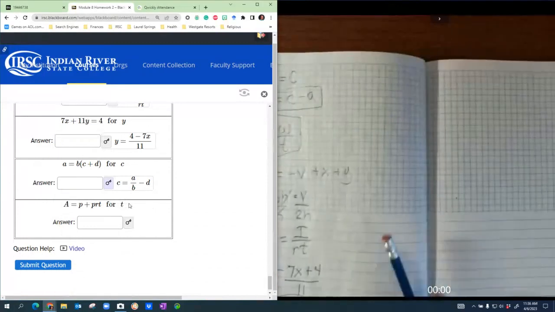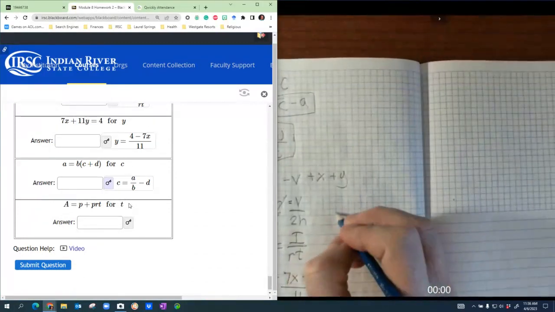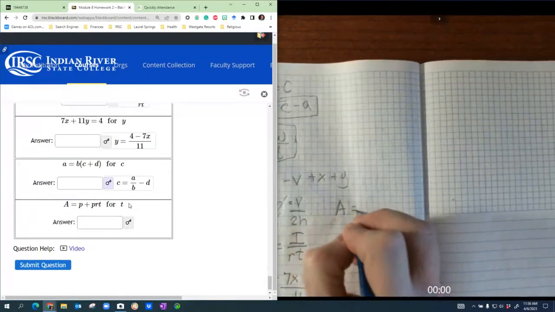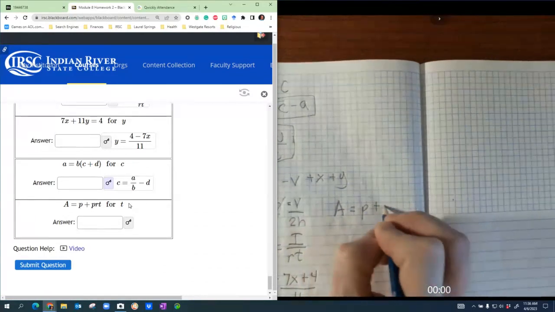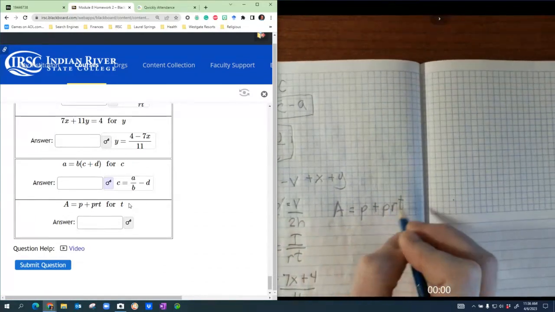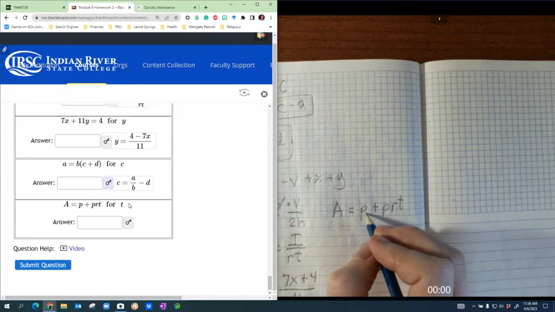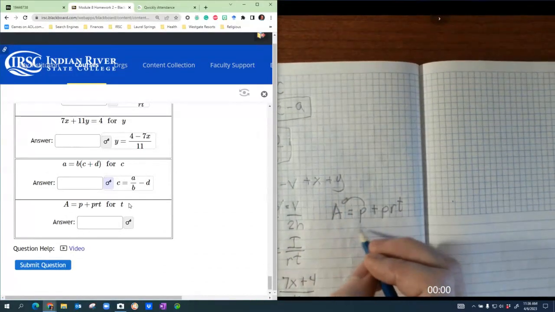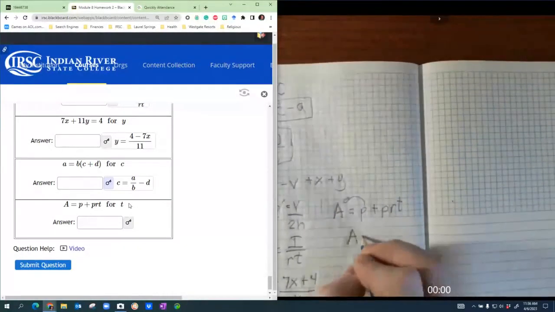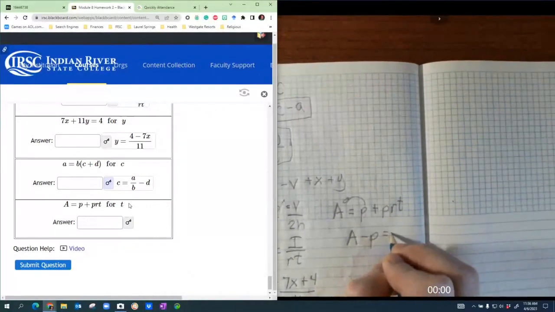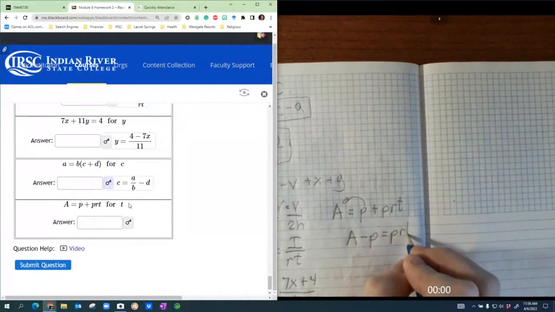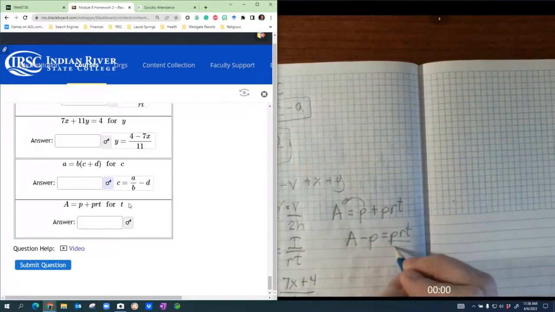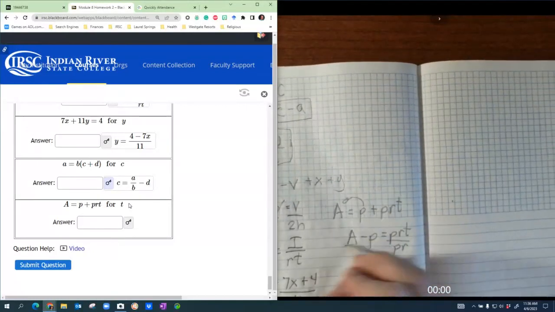Now, the last one is solving for t. So I'm going to get t by itself. We have t multiplying against PR, but there's also a p being added. So what we're going to do is subtract the p from both sides. And then solving for t, we're going to divide both sides by PR.